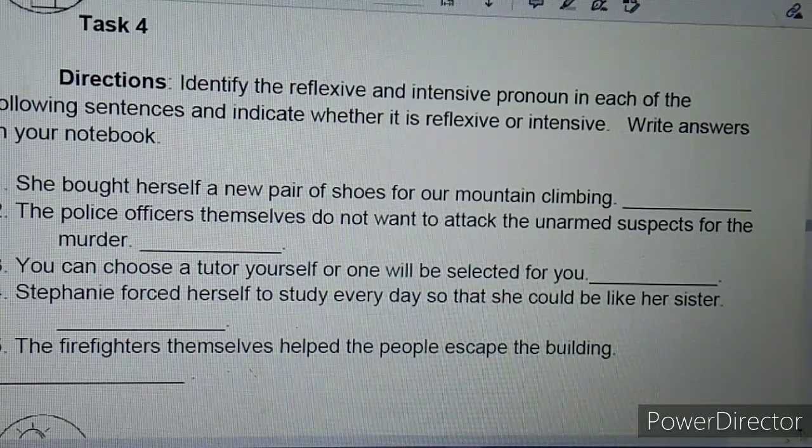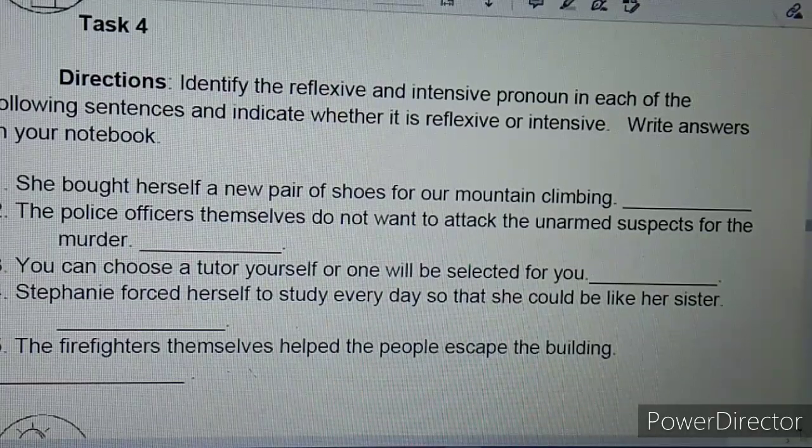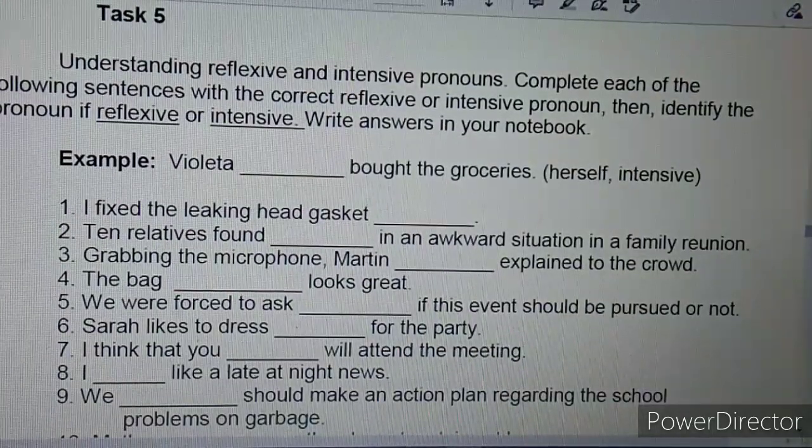Now let's move on to number 5. The firefighters themselves helped the people escape the building. The correct answer for number 5 is themselves dash intensive. Now let us have another activity, guys, for you to be able to fully understand the difference between reflexive and intensive pronouns.